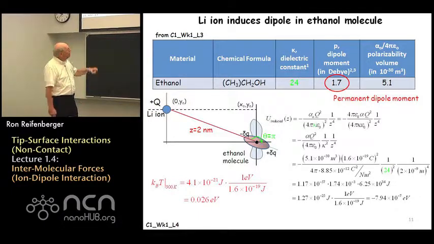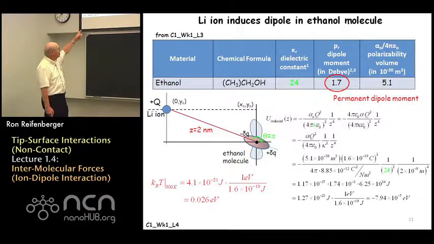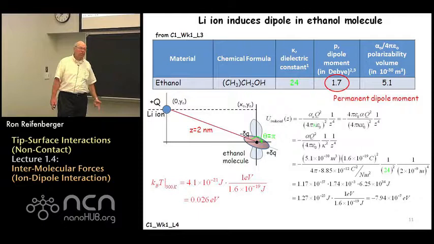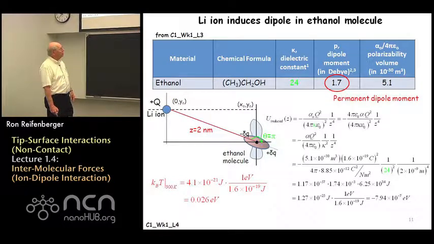This is a reasonably small interaction potential energy, especially compared to thermal energies, kT, which are on the order of 0.026 electron volts, 26 millielectron volts. So thermal energies would dominate the interaction between the ethanol molecule and this lithium ion, at least for this separation of 2 nanometers.